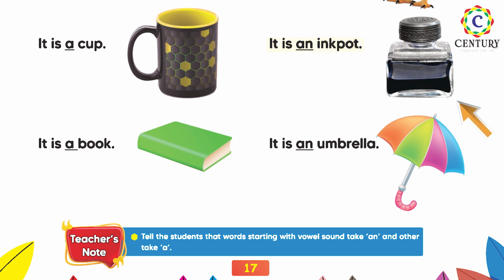An ink pot means I is a vowel. Next, it is a book. So book, B is not a vowel. That is why we are using a here. Next is it is an umbrella, because U is a vowel, so we have to use an with it.